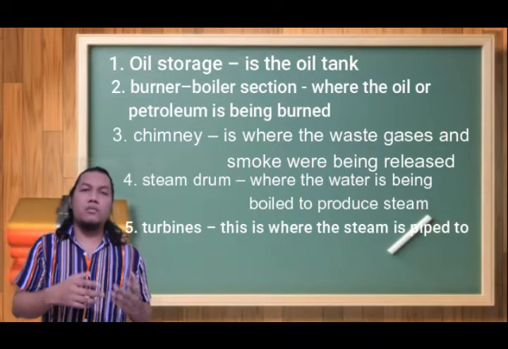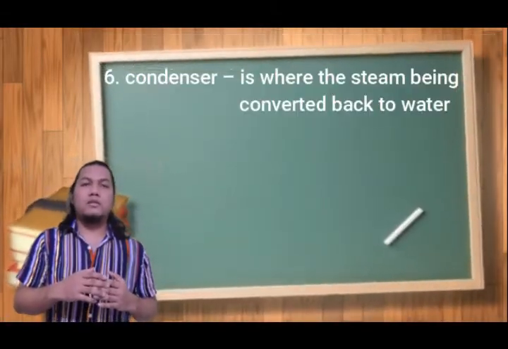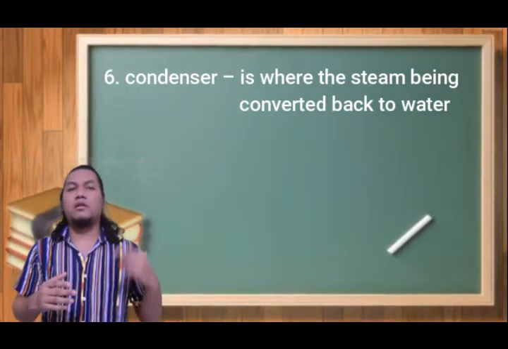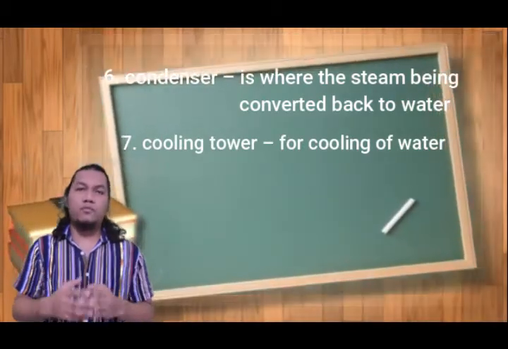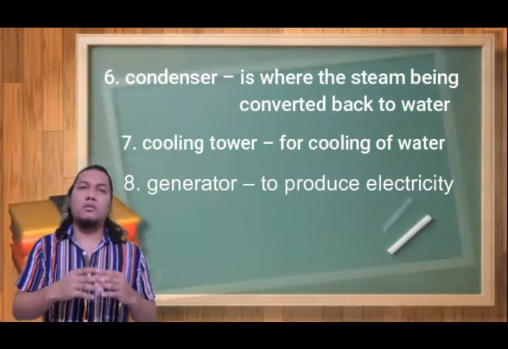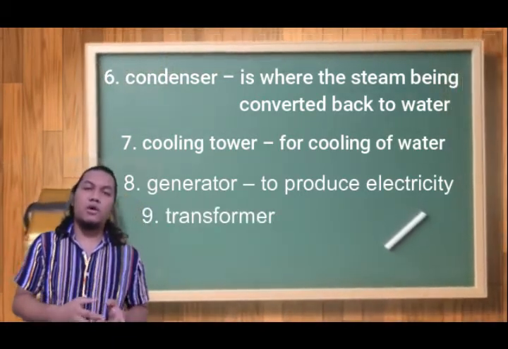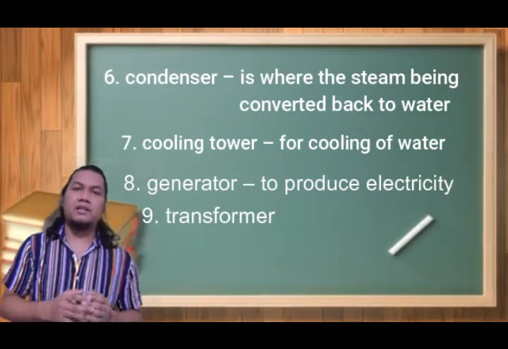Turbines, this is where the steam is piped to. Condenser is where the steam is converted back to water. Cooling tower is for the cooling of water. Generator is to produce electricity, and we also have the transformer to prepare it for the grid.